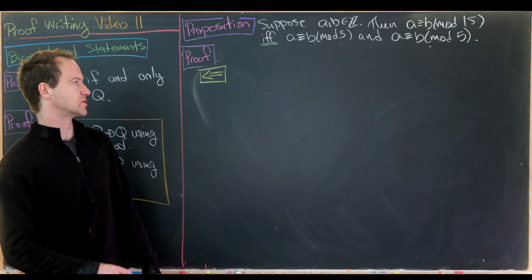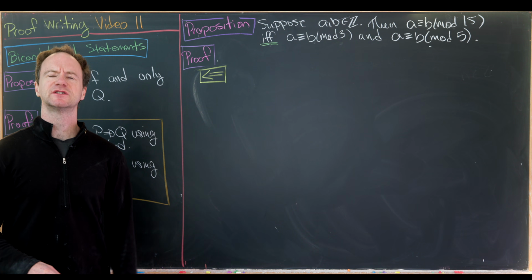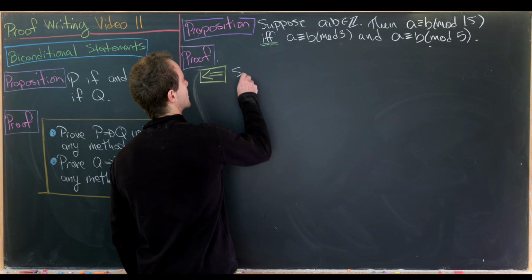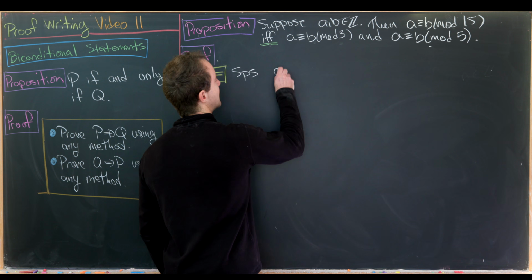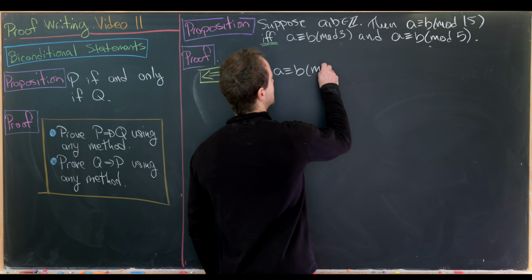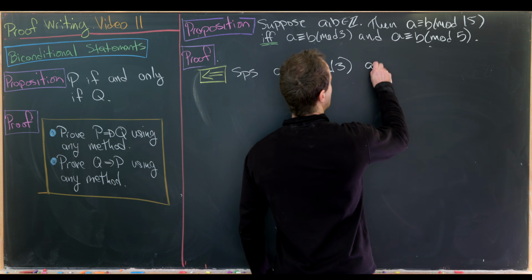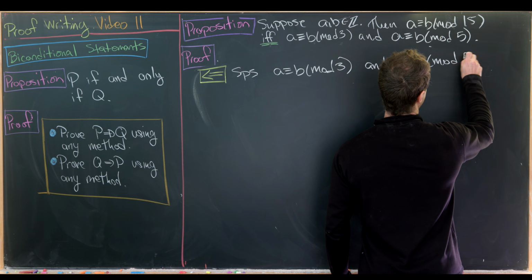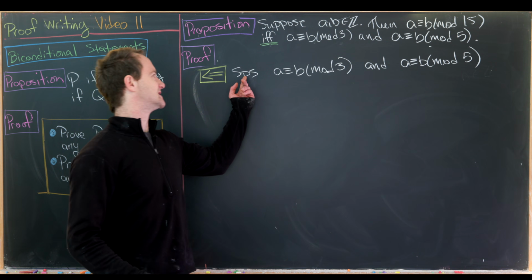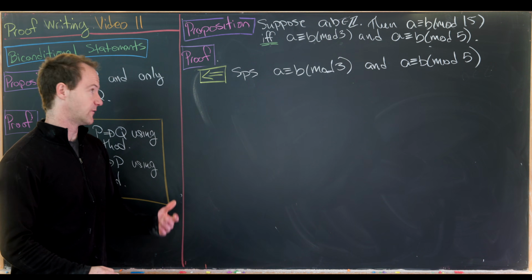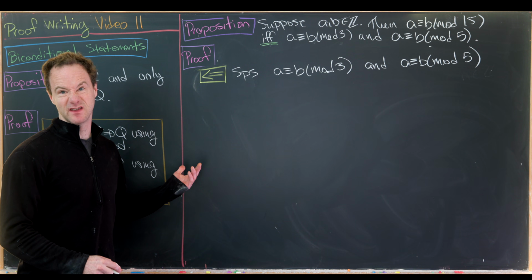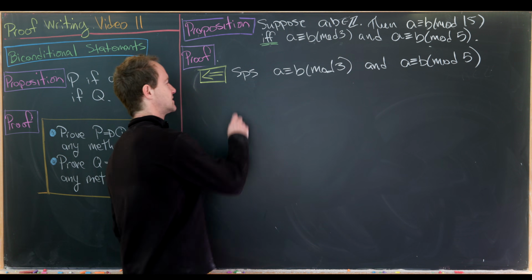Now let's look at the reverse direction. Now I think we can do this with a direct proof as well. So let's start by supposing that a is congruent to b mod 3 and a is congruent to b mod 5. So here I use this SPS as a shortening for suppose sometimes. Now let's unpack these definitions into equations.